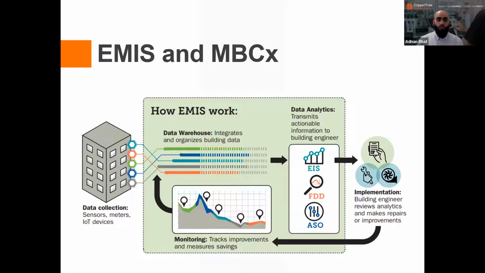We've already described the EMIS capabilities, which is under data analytics. But the key here is the implementation phase where a building engineer reviews the analytics and makes repairs or improvements. The resultant activity is then again monitored to track for improvements and measure savings, doing so on a continuous basis.